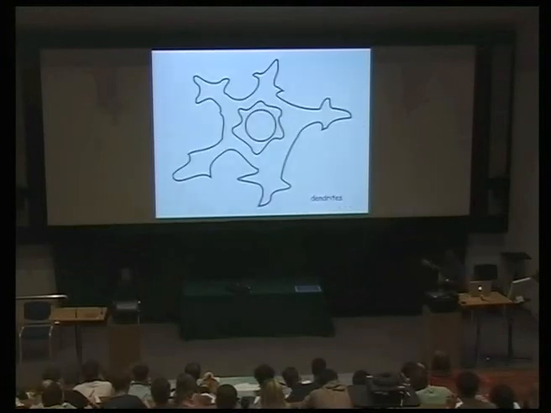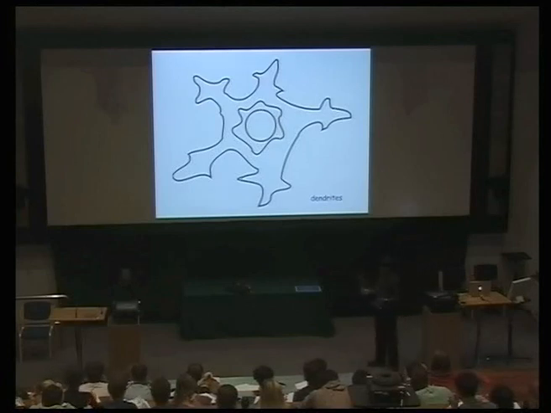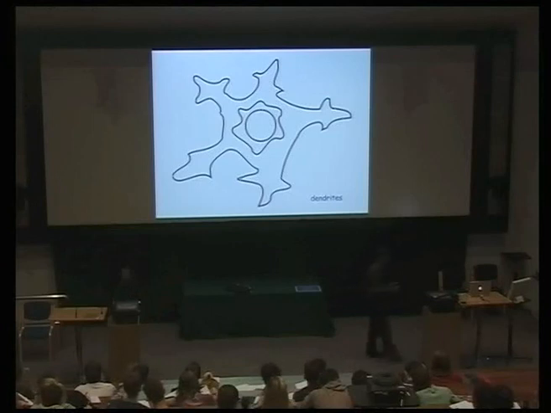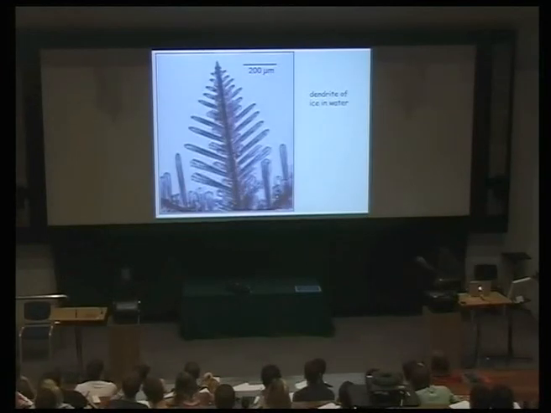So instead of getting smooth solidification with either a planar interface or a sphere, we tend to develop extremely convoluted surfaces. And these are called dendrites, because in 3 dimensions, they appear like trees. Dendros in Greek stands for trees. And here, for example, is a real picture of a dendrite.